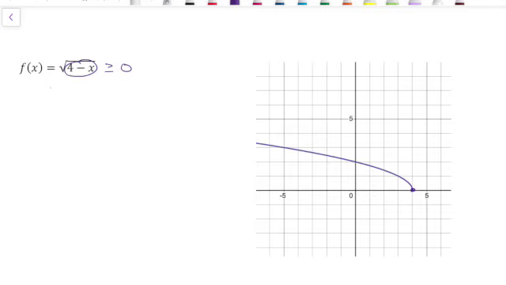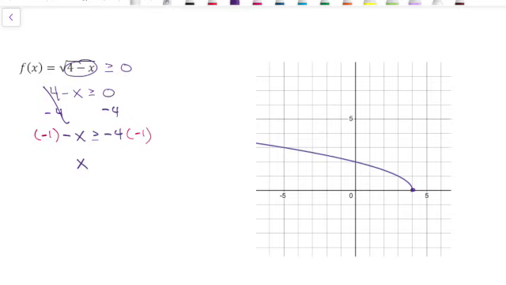All right, so let's rewrite that. 4 minus x is greater than or equal to 0, and let's solve for x. All right, so I'm going to subtract 4 from both sides, and I get -x is greater than or equal to -4. All right, now I need to multiply or divide both sides by a -1. So I'll just multiply by -1. And I get x.